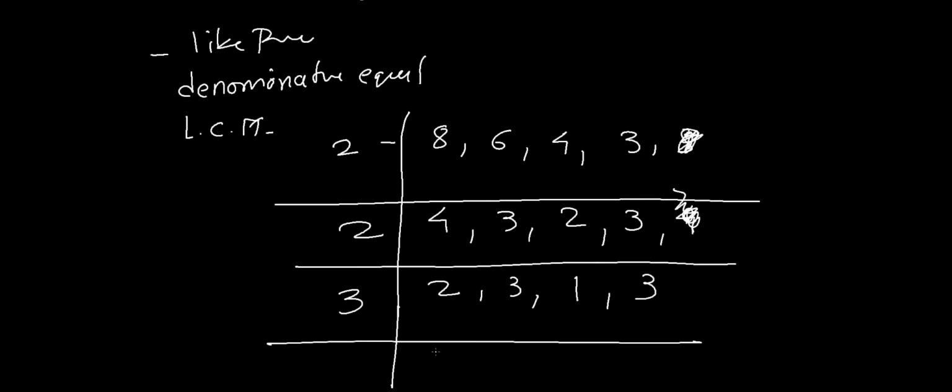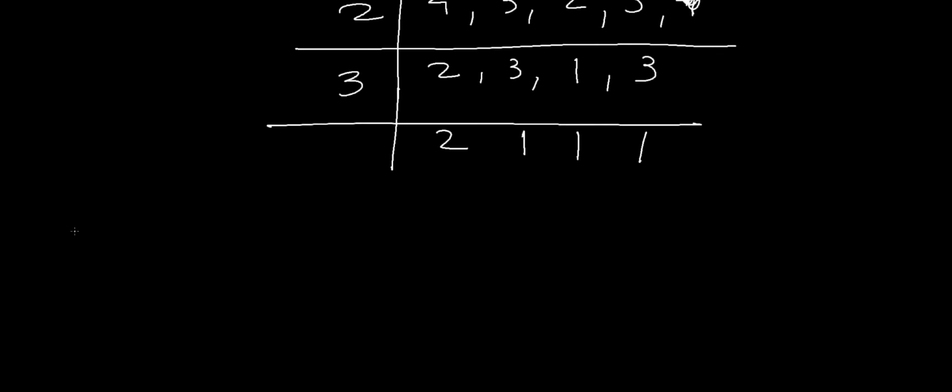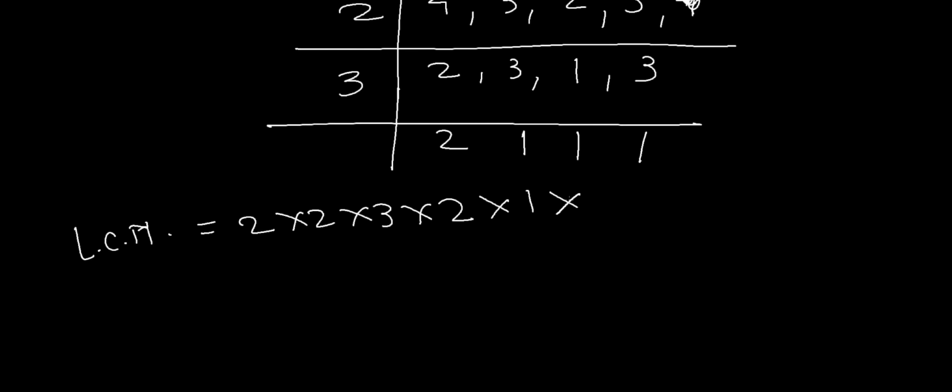Then 3 will come as it is, 3 3s are 1, 1 will come as it is, 3 3s are 1. So the LCM of these will be 2 into 2 into 3 into 2 into 1 into 1 into 1 equals 24.